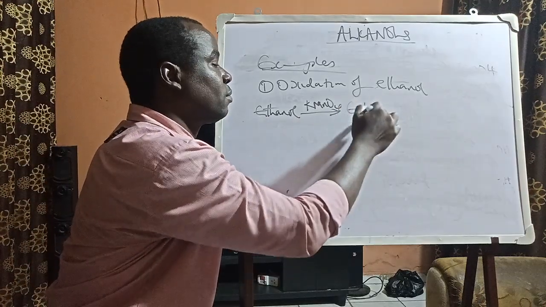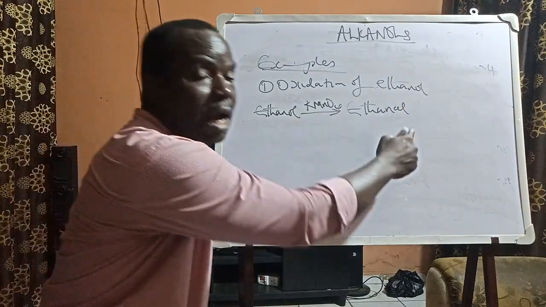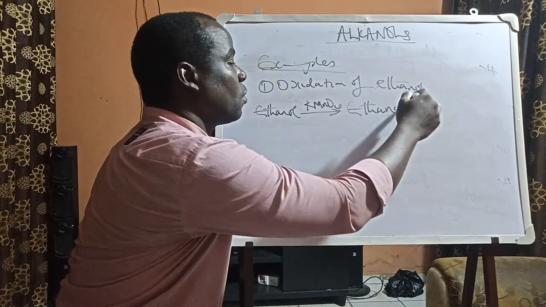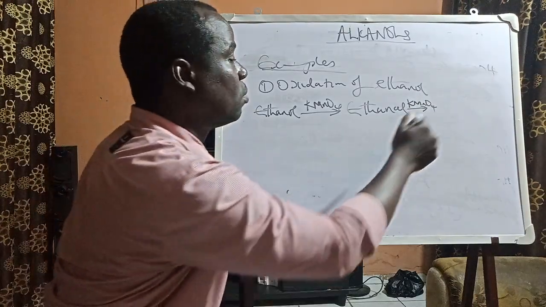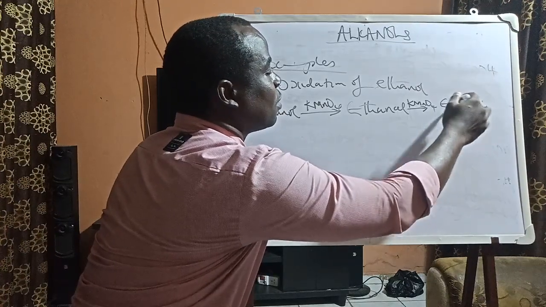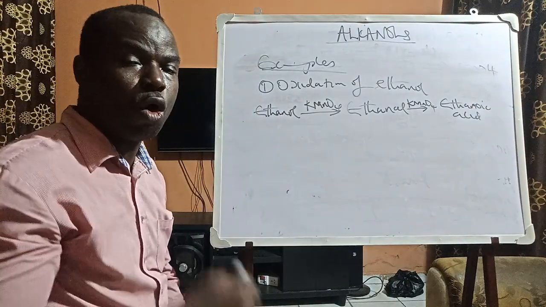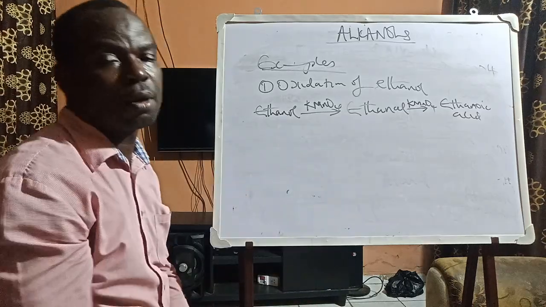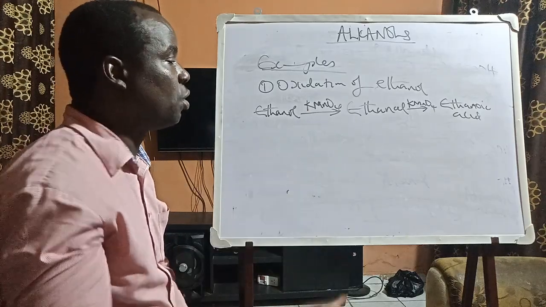So we have ethanol, and the ol will change to al. Then if you do further oxidation, it will form ethanoic acid. Look at that very well. So the ol will change to al, and the al will change to oic. The ol changes to al, and the al changes to oic.